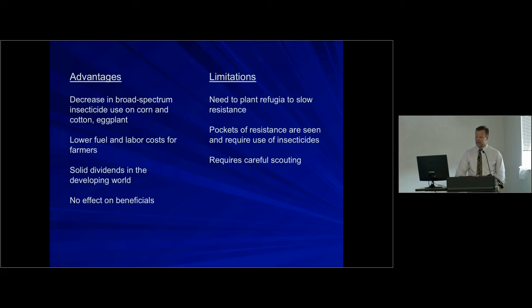The limitation is that you do see pockets of resistance occurring, places where the insects are developing and evolving around the Bt toxin. It means that farmers do have to go back to more intensive scouting and use of old school chemistry to be able to control them.